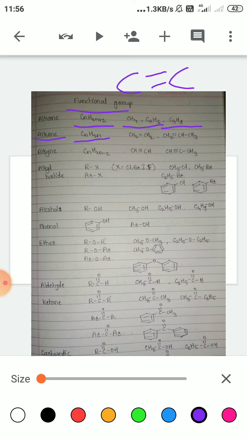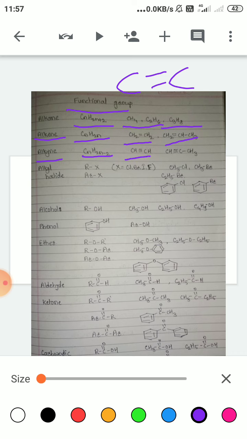Examples are ethene, CH2=CH2, and propene, CH2=CH-CH3. Next one is alkyne. Hydrocarbons containing carbon-carbon triple bonds are called alkynes, and the formula for alkynes is CnH2n-2.